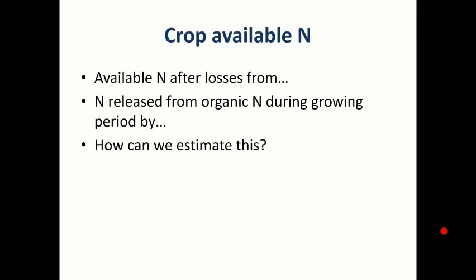So how do we estimate how much of the nitrogen in those manures is going to be available to the crop? Difficult, isn't it? We have to consider available nitrogen after losses from what?